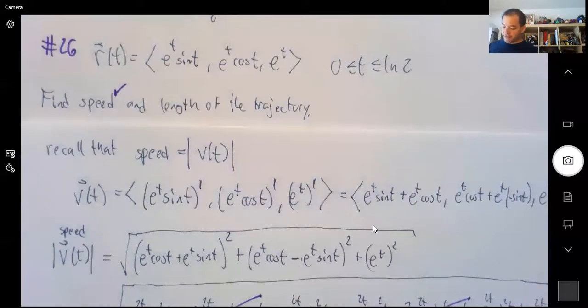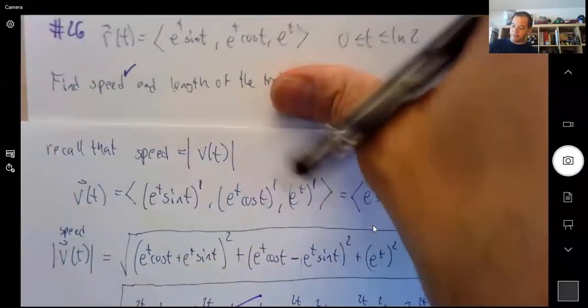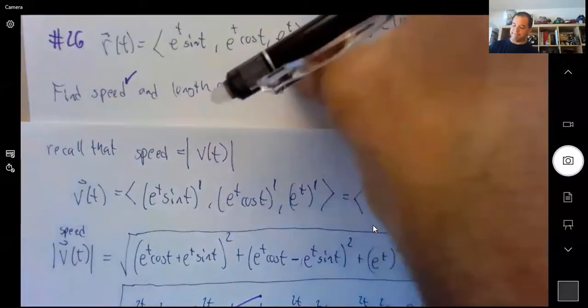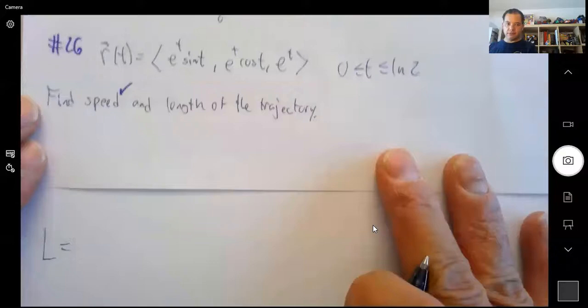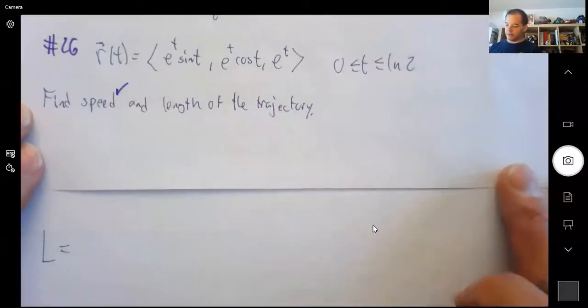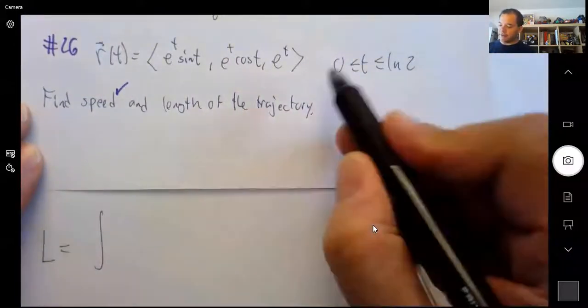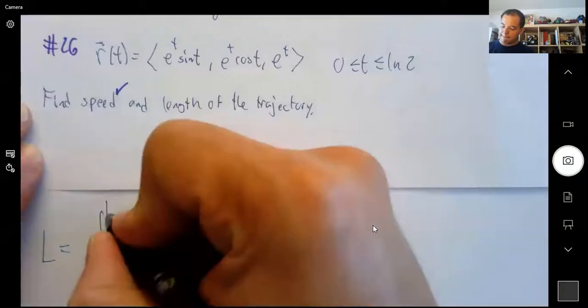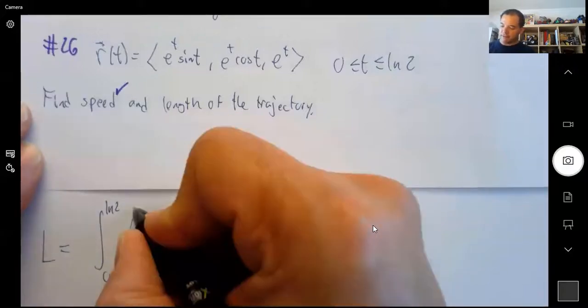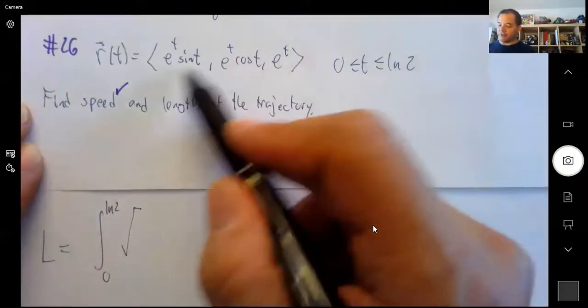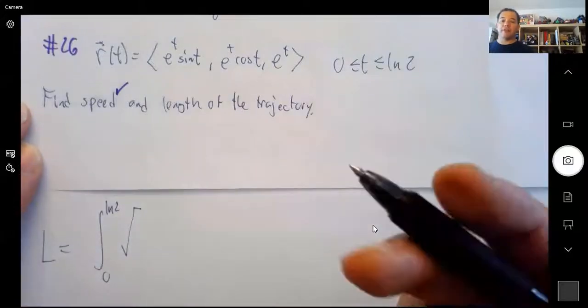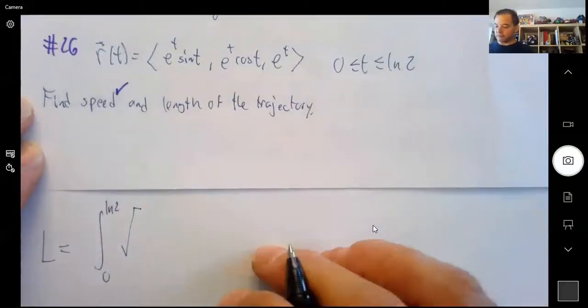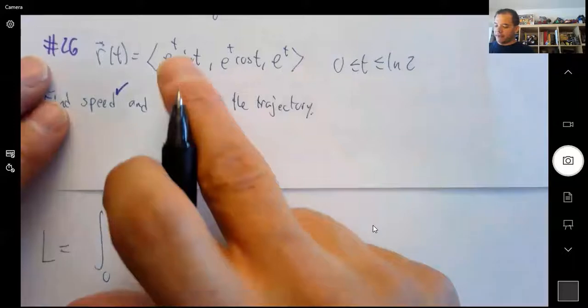So let's do it. It's going to be the integral from 0 to ln2 of the square root of the derivative of this one squared. Hey, oh, we already did the derivative, right?